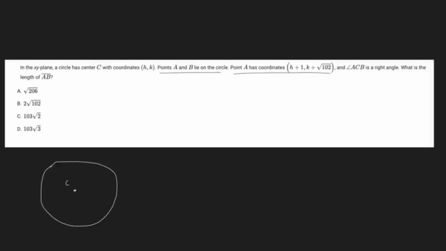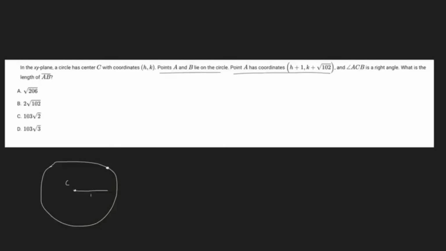Since we know point A is somewhere on the circle, let's label point A here. We know what this plus 1 represents in relation to (h, k), our center. Point A has the coordinates h plus 1, so h determines the x-axis location, and this side length right here that we just drew is going to be 1.